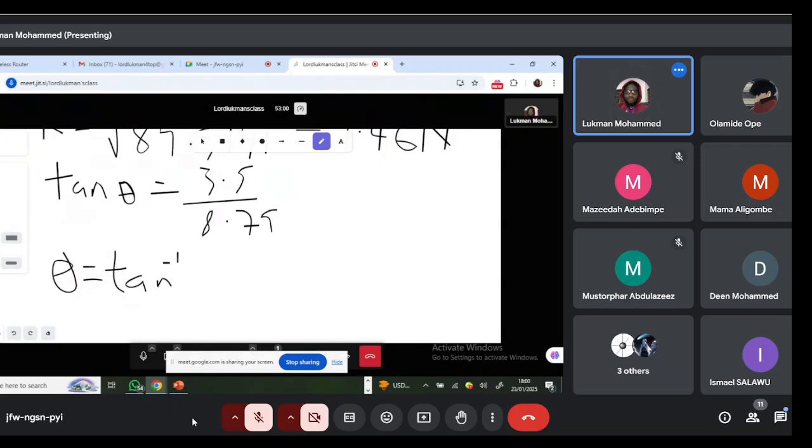Look, my own is alt. This calculator is alt, then put either second function or shift. Anything you want to press, all those buttons that have arc sine, sine raised to power, tan raised to power in yellow, you must press alt first. Okay, so let me send this to the WhatsApp and everyone should look.